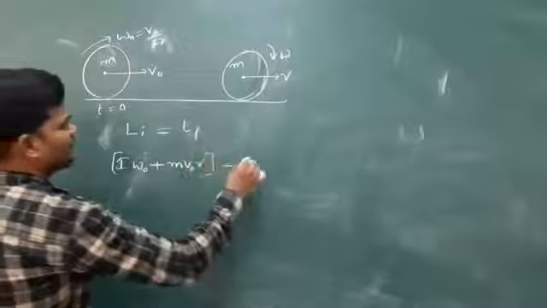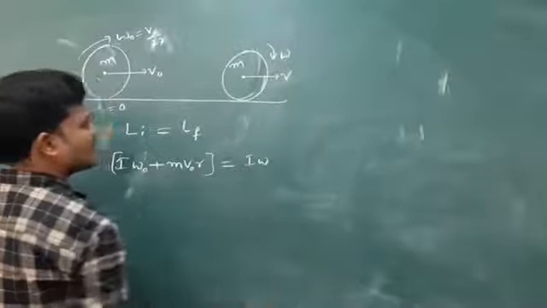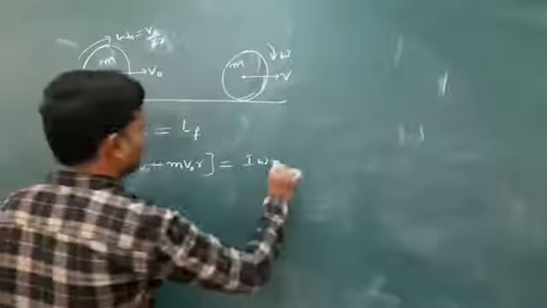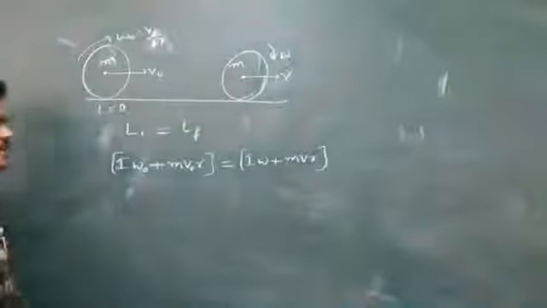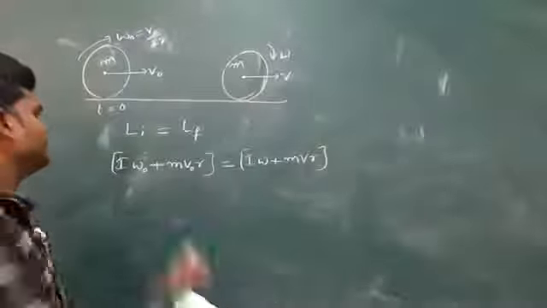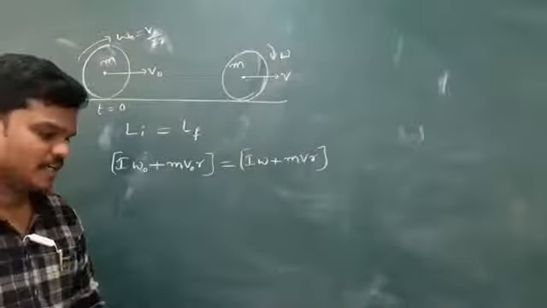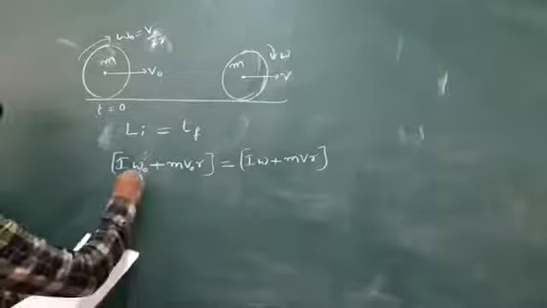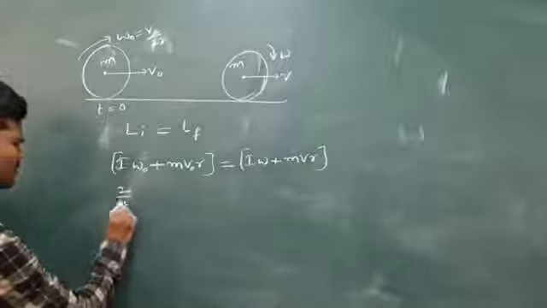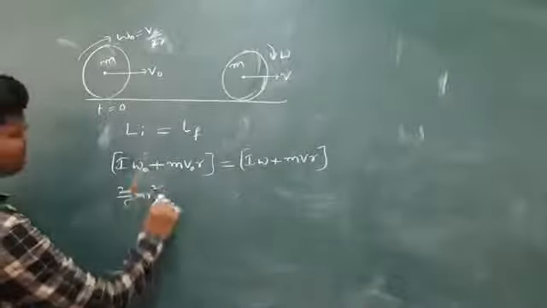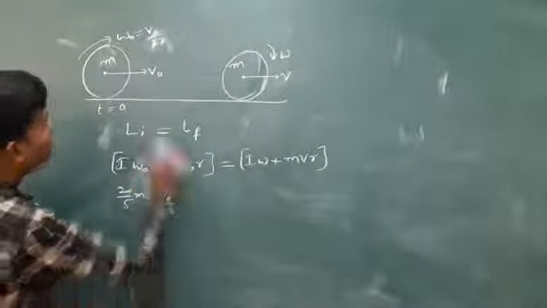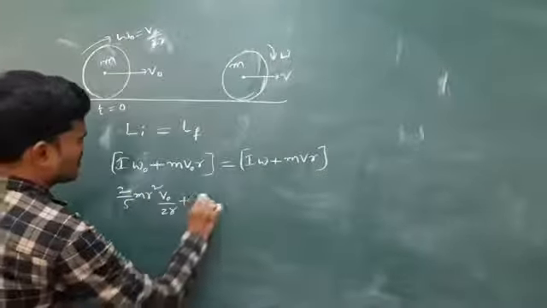And after that, finally I omega, and this is mvr. So we can get the answer directly by substituting the I value and changing v and omega. Here the moment of inertia is 2 by 5 mr square, and omega naught is v naught by 2r.